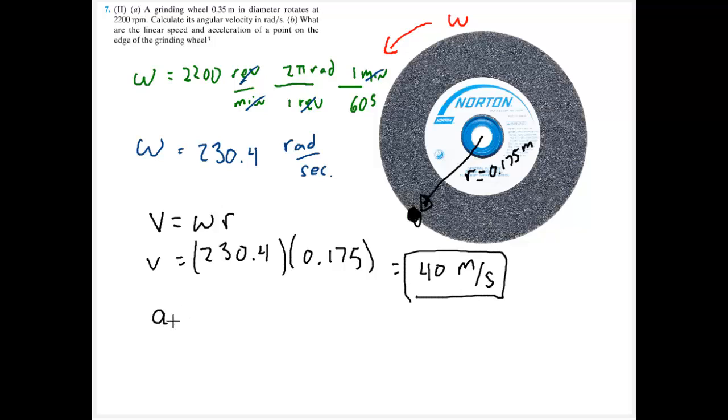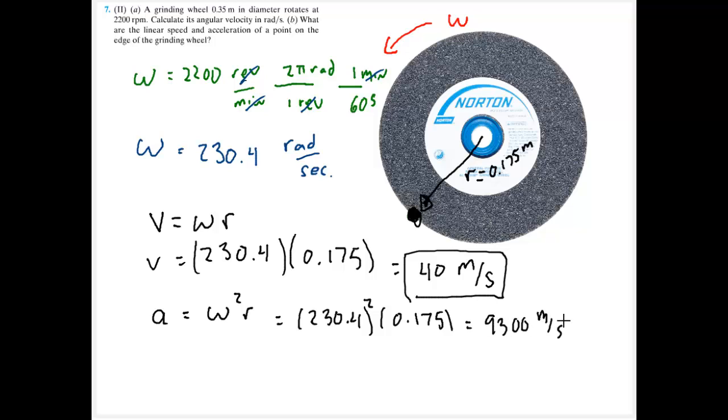Similarly, the linear acceleration is going to be the angular velocity squared multiplied by the radius, so 230.4 radians per second, quantity squared, multiplied by 0.175 meters, and I'm going to come out with 9,300 meters per second squared. So that's quite a few g-forces that's being felt by an object at the edge of the wheel.